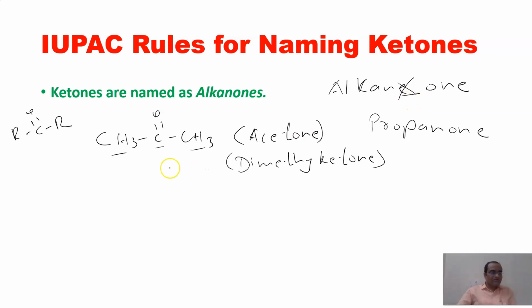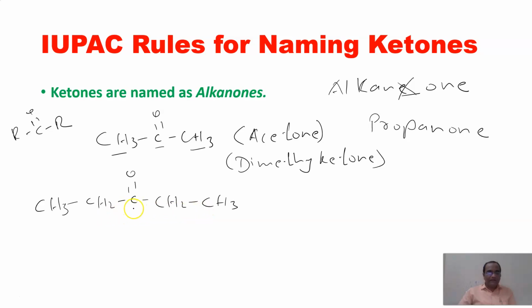Now we'll see one more example. Suppose CH3, CH2, C double bond O, CH2 and CH3. So this compound is having 5 carbons. So the name, like in case of an alkane it will be pentane, but it is having a ketonic functional group at the middle.